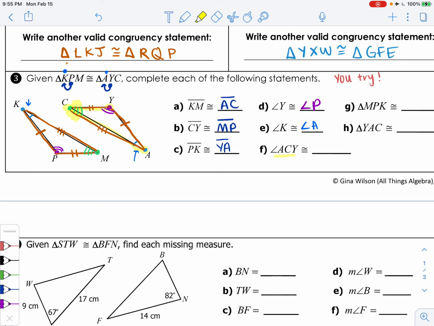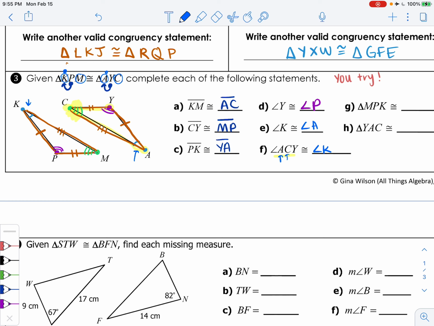Well, you want to match up the points the same way we did with a triangle congruent statement. So like when we wrote all 3 of them, remember we just match it up. So A is the first letter in the first triangle. So that means I should start with K now. Then we went to C, which was the last letter of the triangle.